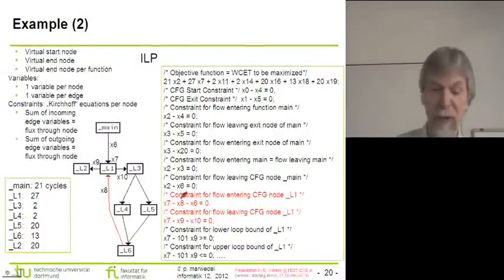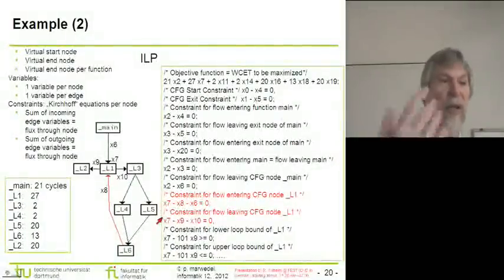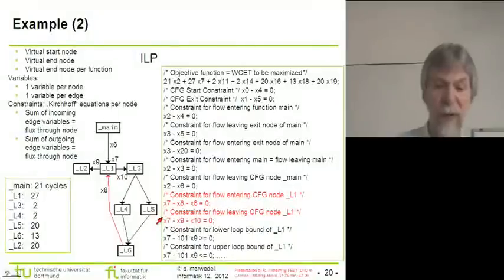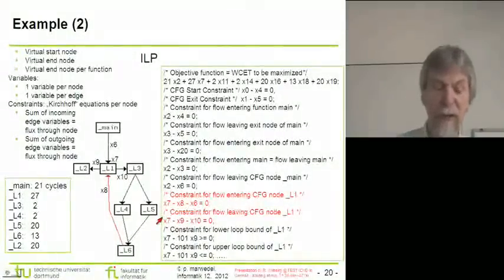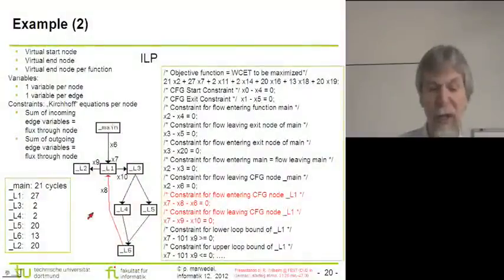So constraints like the ones shown in red are modeling the structure of this control flow graph, and in this way we are capturing the relations between the different variables, and in that way we are able to figure out what is the largest execution time.